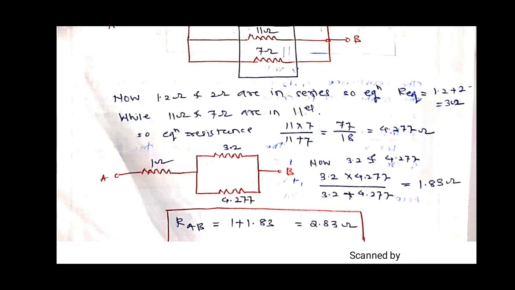Therefore the total equivalent resistance between terminals A and B is 1 plus 1.83. Here 1.83 is the parallel combination of 3.2 and 4.277. So the total equivalent resistance between terminals A and B is 2.83 ohm.